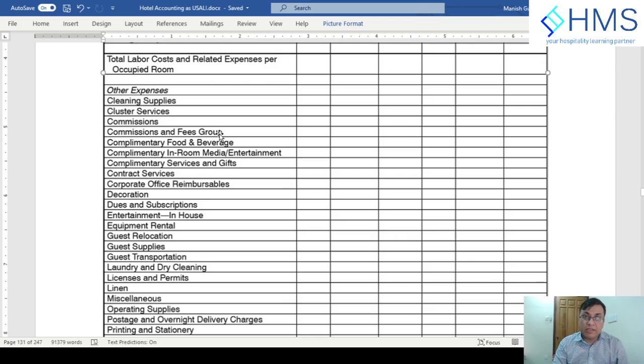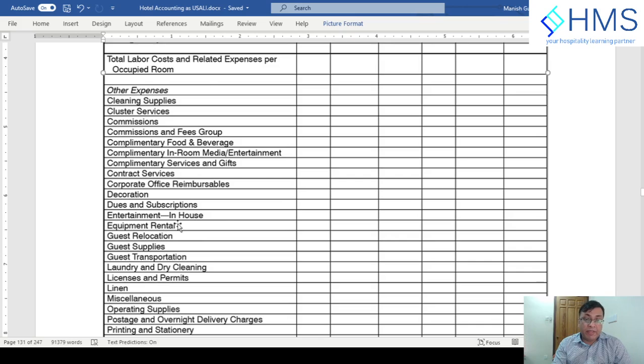Those expenses which are more on labor variable are usually cleaning supplies. Then you have commissions, which are again based on the occupied room. Then you have the decorations, which are flexible or based on the room occupied.